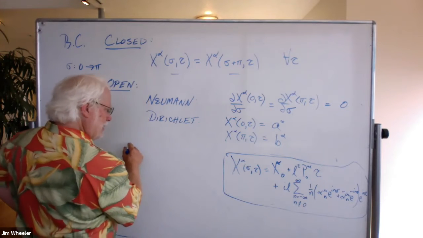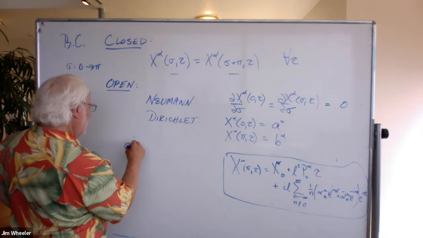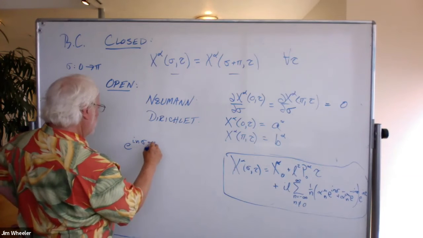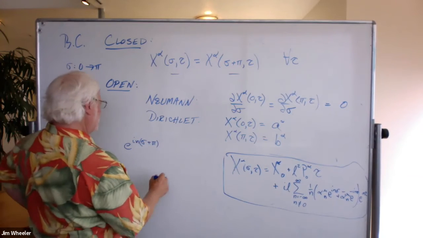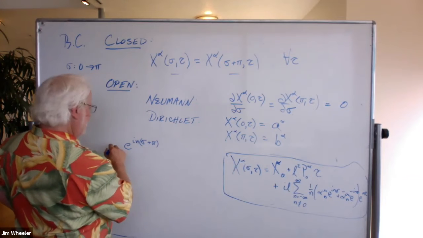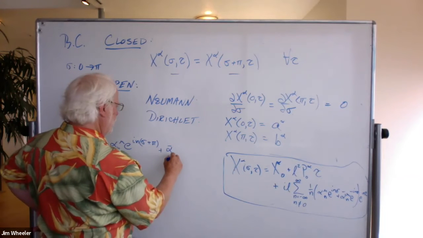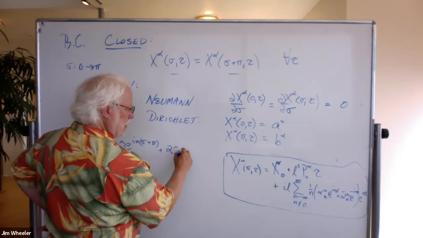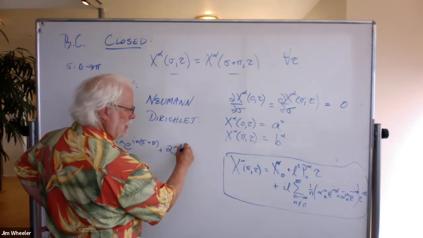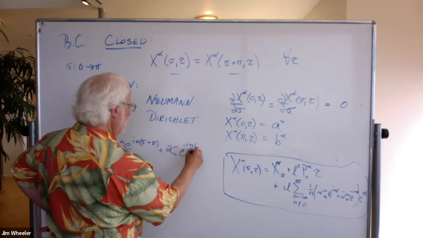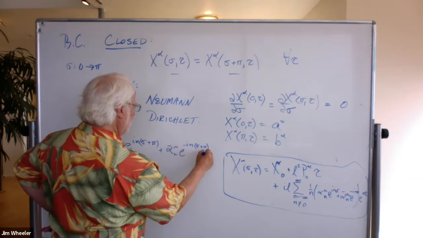That means e to the i n sigma is going to go to e to the i n (sigma plus pi). We've got an alpha n mu there, and an alpha bar n mu with e to the minus i n (sigma plus pi) here.